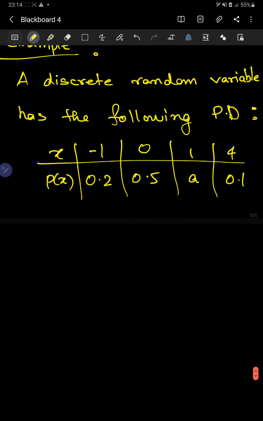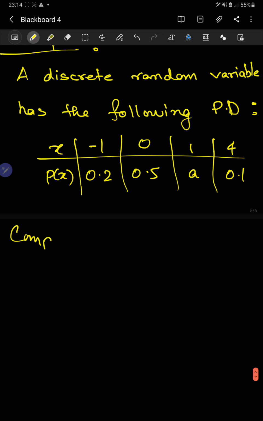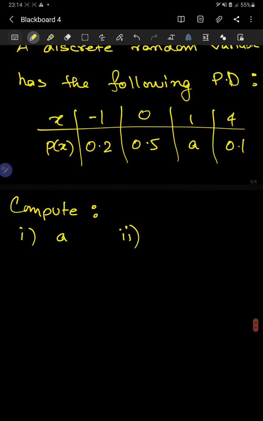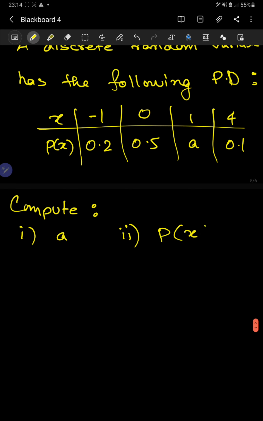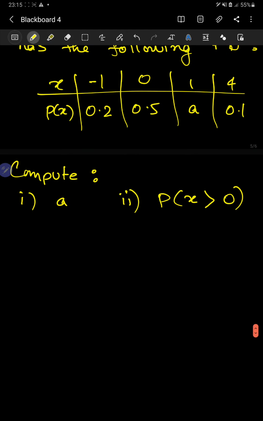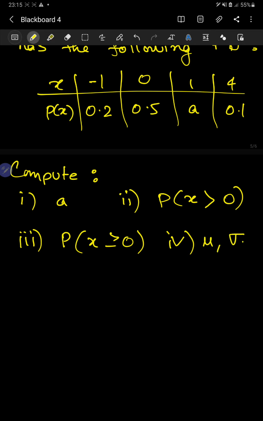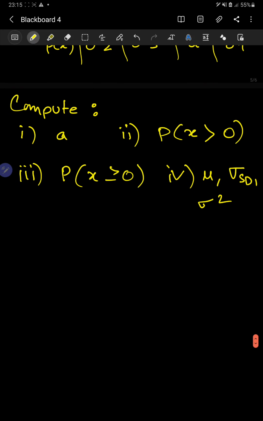So now the questions are: one, we have to find a, two, we have to find the probability that x is greater than 0, three, the probability that x is greater than or equal to 0, four, the mean, the variance, and the standard deviation. Okay, let's start.